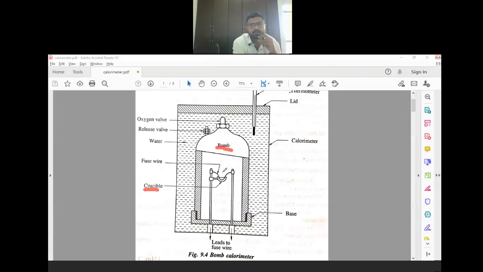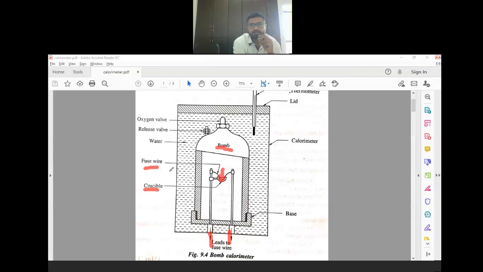If we want to measure the calorific value of coal, you have to put a particular amount of the coal here. Then for the combustion of that coal, we need to give an electric supply. These are the wires which are useful for the combustion.